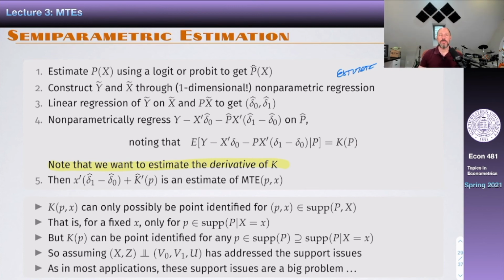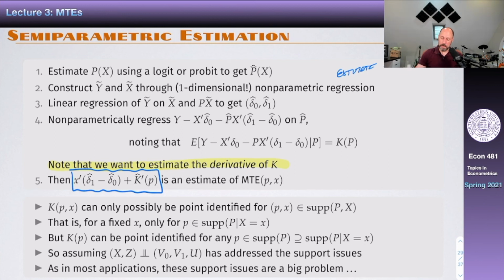Remember, all in one step. So if you just need the derivative because the marginal treatment effect is just going to be this, then you can just do local linear estimation and you get both the derivative and the function at a point. And that's how we do it. And we have the marginal treatment effect for each value of x and p.